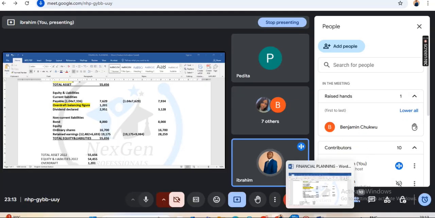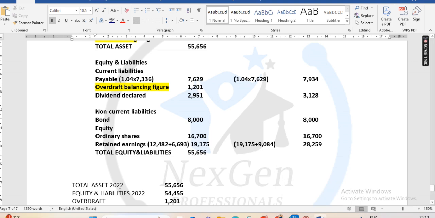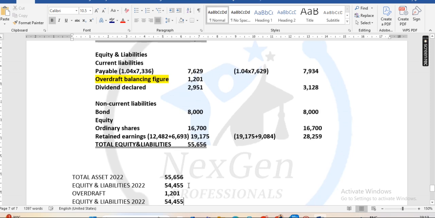Sorry, I'm dragging us back, please. My network threw me out at some point. This overdraft balancing figure, that's 1201. How did you get it, please? This is the balancing figure. See, the total asset for 2022. Look at the working. Can you see the workings?